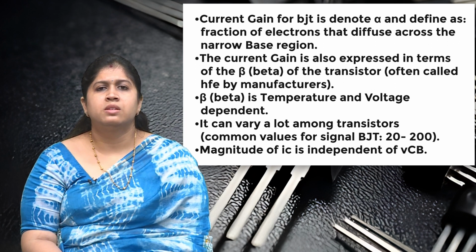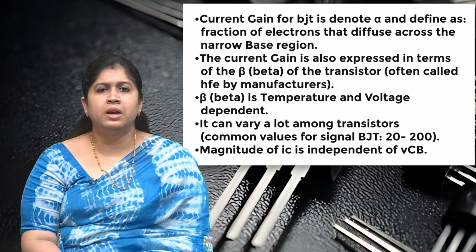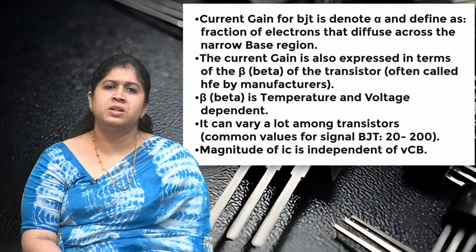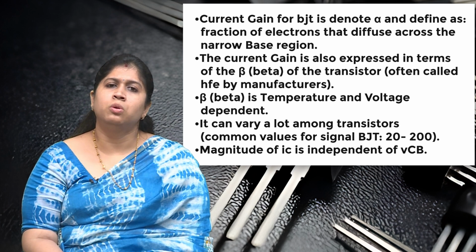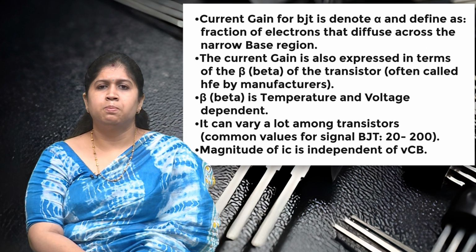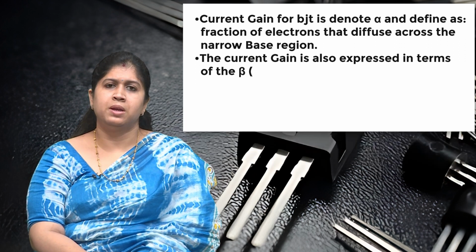Beta is temperature and voltage dependent. It can vary a lot among transistors. A common value for a signal BJT is between 20 and 200. The magnitude of IC is dependent on VCB.